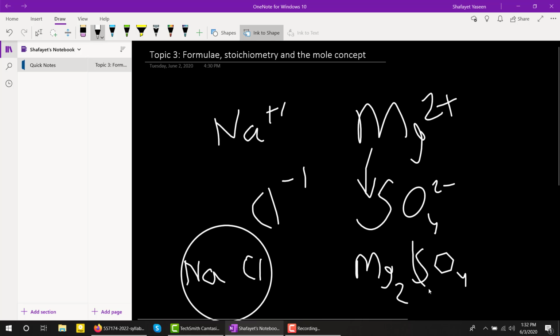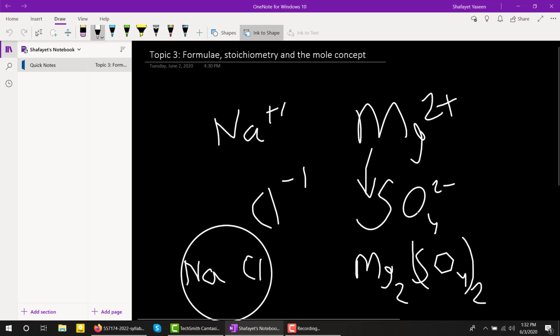When we have a subscript on something which already has a number in it, we include a bracket and then we write the 2, right? So this should be the formula of magnesium sulfate, but this isn't.